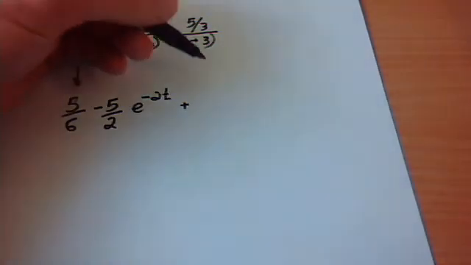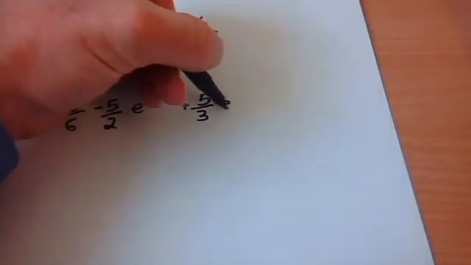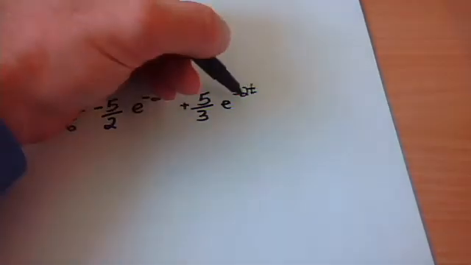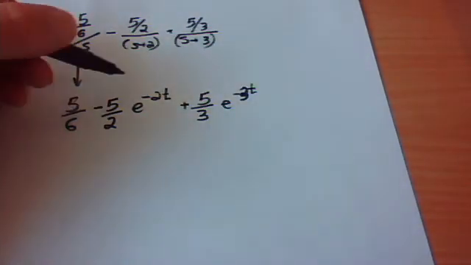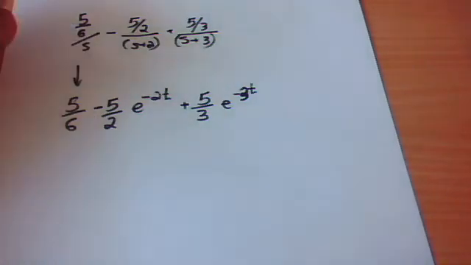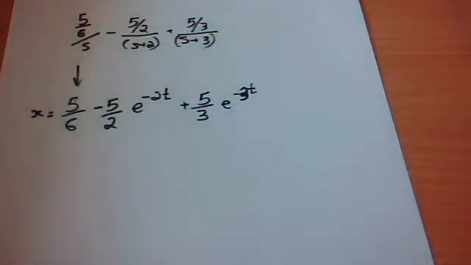And then again we can take out the constant there, plus 5 over 3 e to the minus 3t, like that. So what we can do is we can put values of t in here and find out what x is equal to at different points on the equation.